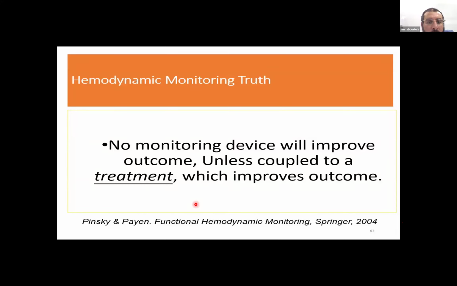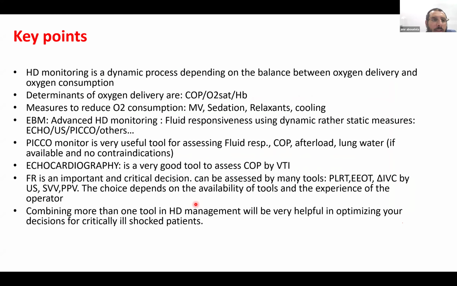Hemodynamic monitoring tools: no monitoring device will improve outcome unless coupled to a treatment which improves outcome. You should monitor your patient. As I told you, it's a very dynamic process. You should do a certain intervention or treatment which will improve the outcome. Only monitoring without intervention, of course, will not help too much.